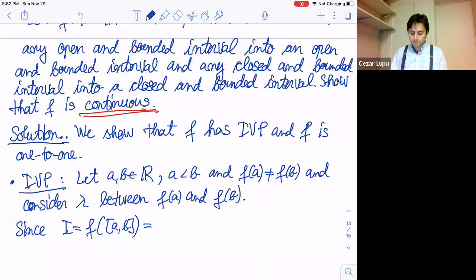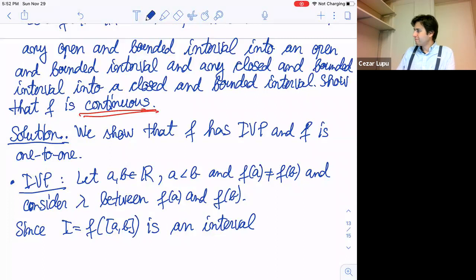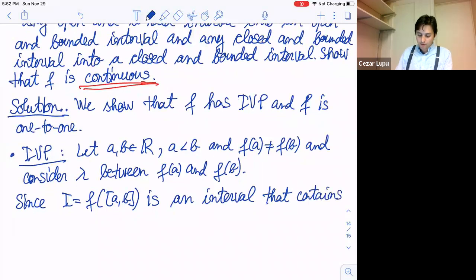Let me denote it by I. This is an interval that contains f of a and f of b, right?